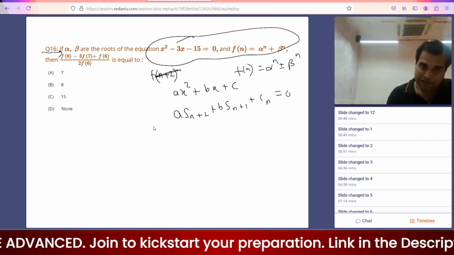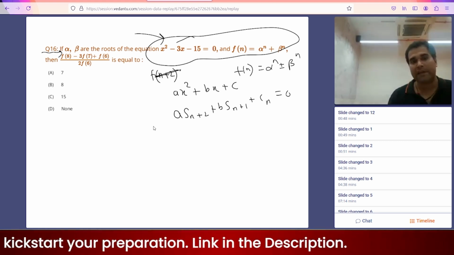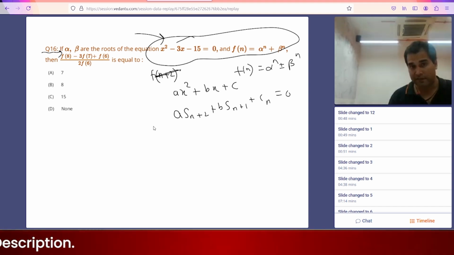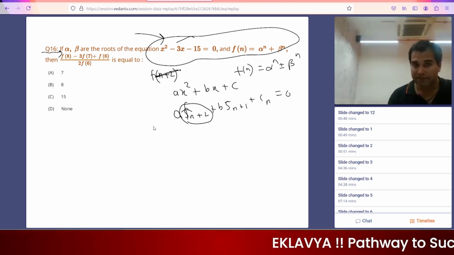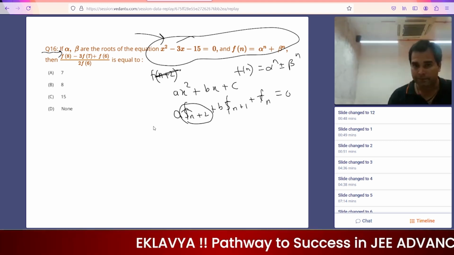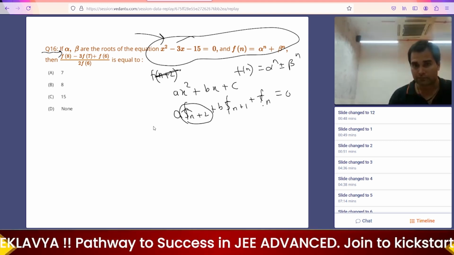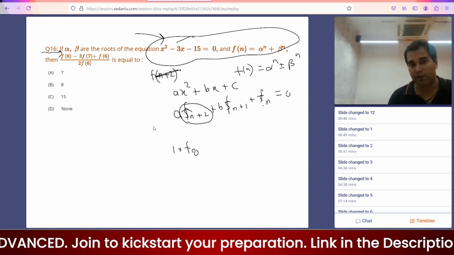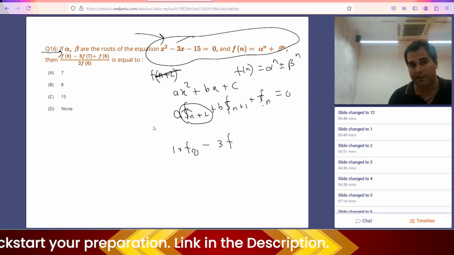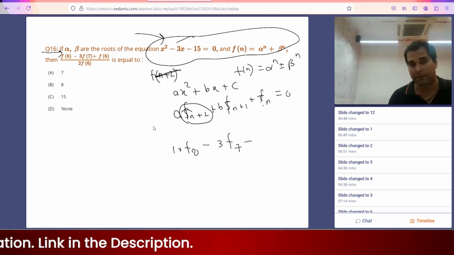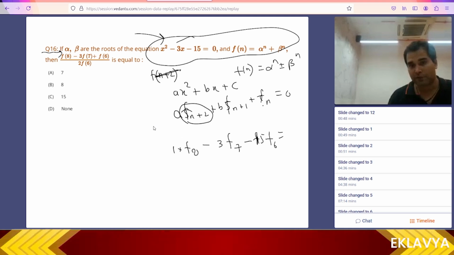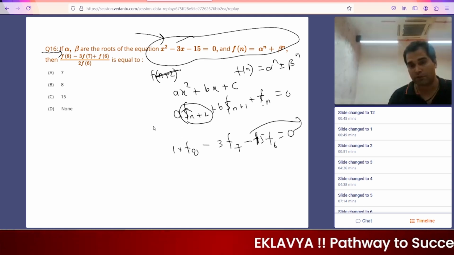Here see that n is 6. Put n equal to 6 in this equation. So n equal to 6. Here 1 into f of 6 plus 2, f of 8 minus 3 times f of 7 minus 15 times f of 6 equal to 0.